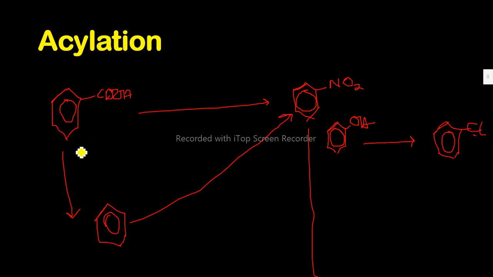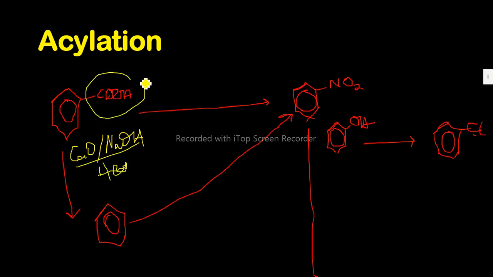So we shall form benzene, and here what will be the reactants, what will be the conditions? Here we shall use soda lime: calcium oxide in presence of sodium hydroxide, and then we do some heating. We shall take off this group and remain with benzene.